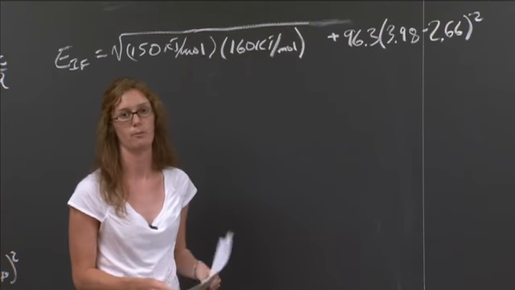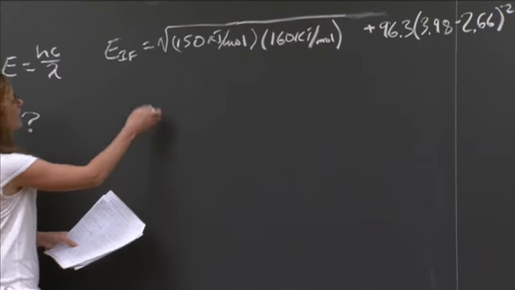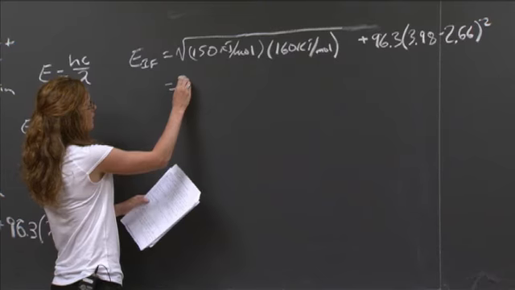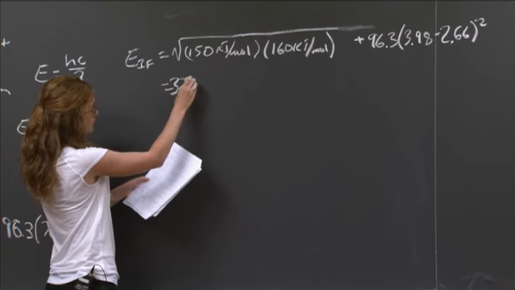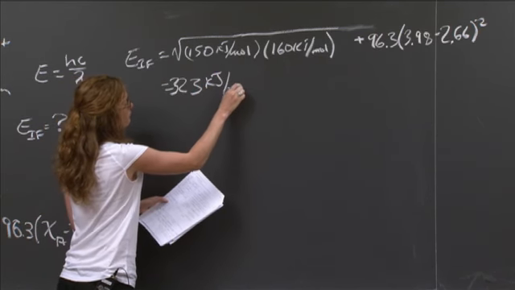So don't worry if your numbers were a little different than mine. So we wrote all that out, and plugging into the calculator, you get that the IF bond has an energy of 323 kilojoules per mole.